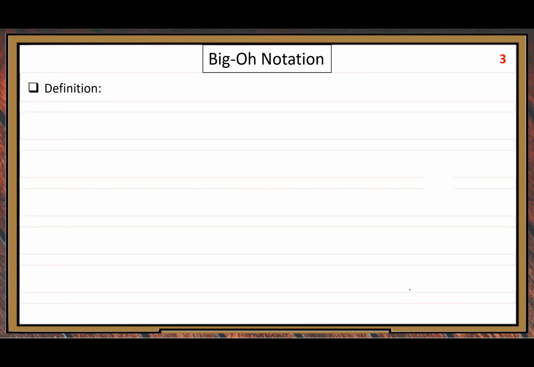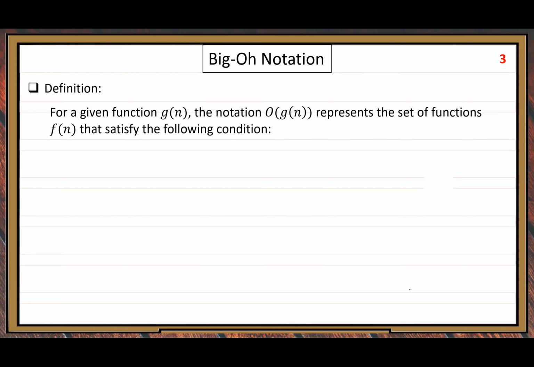Here I give you the formal definition. For a given function g of n, the notation big O, we know it's a set, right? From our understanding of the previous slide, it's a set.